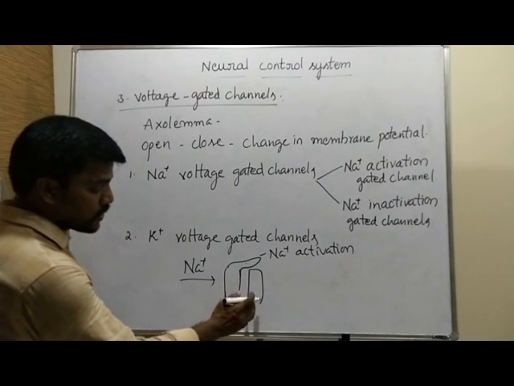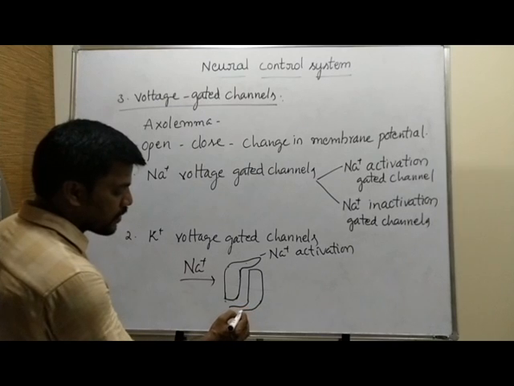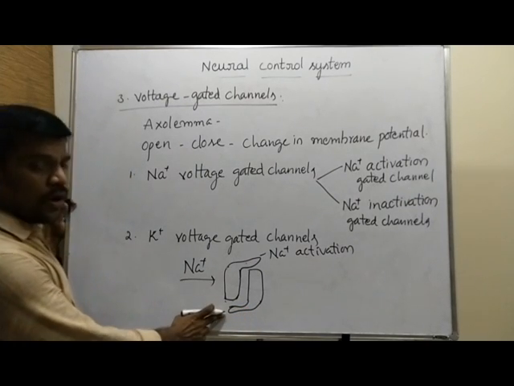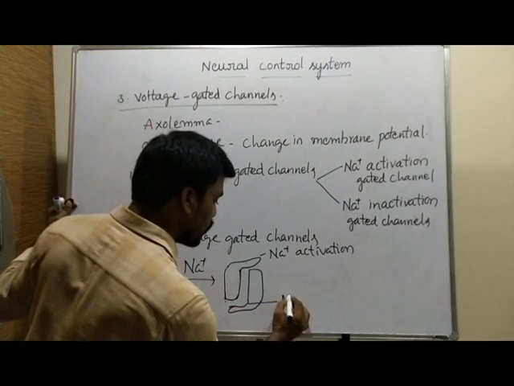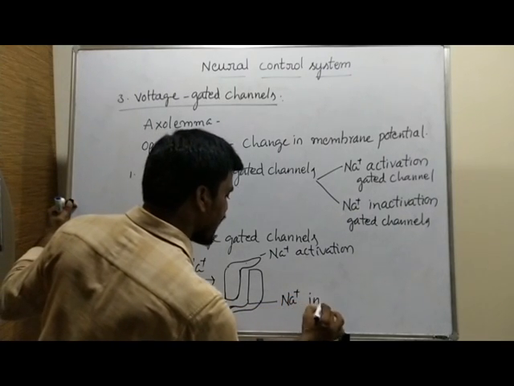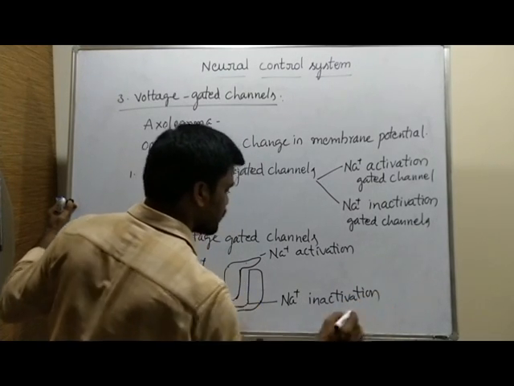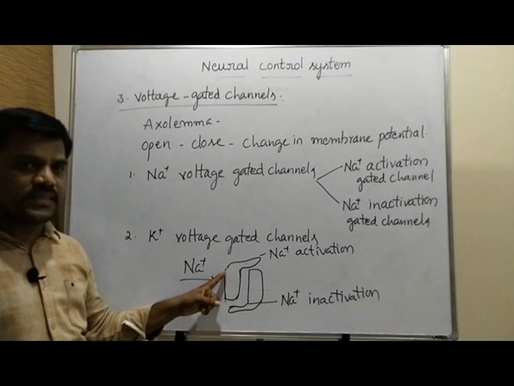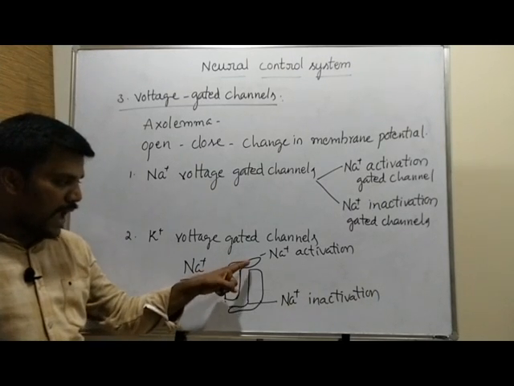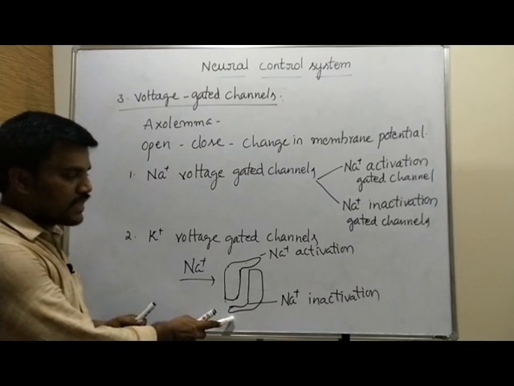In the posterior region, the bottom region, another gate is also present. This is called the sodium inactivation gate. So this sodium voltage gate consists of two gates: the sodium activation gate and the sodium inactivation gate.